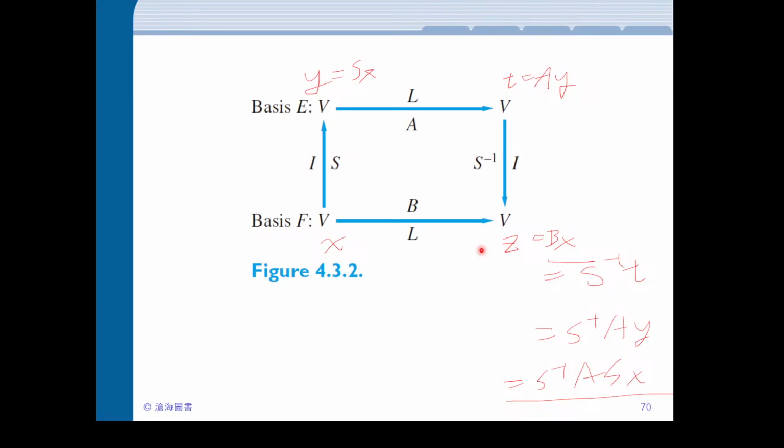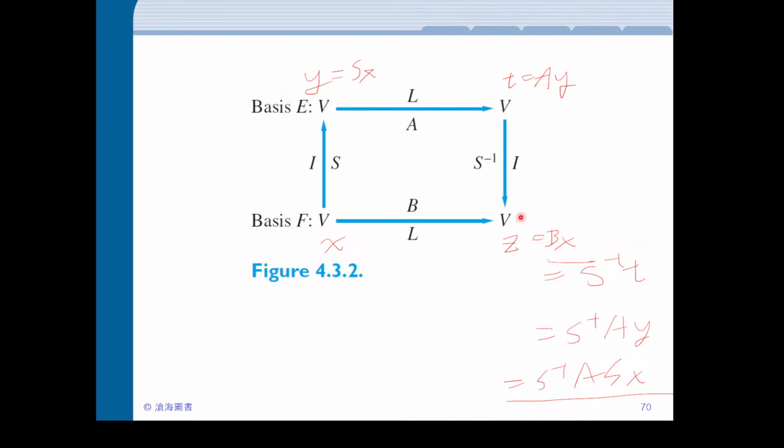And we have a whole bunch of x, y, t, z here. So we start with some coordinate x here. Then we have y being the coordinate here, S x. And t equal to A times y. So we just multiply by A, mapping the coordinate here to the coordinate here.